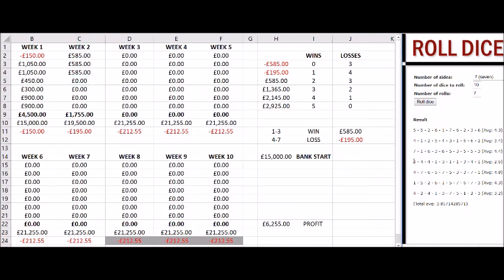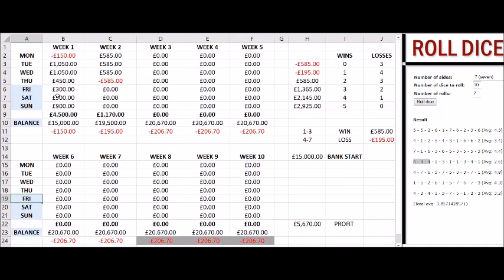This is 3 losses out of the bat, so that's a minus 585 there. We've gone to here, we are. So we're on Friday. Again, it's 3 losses out of the bat, so minus 585.